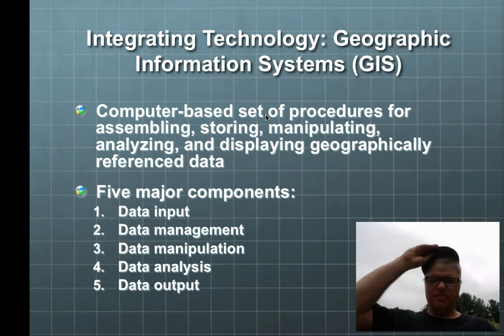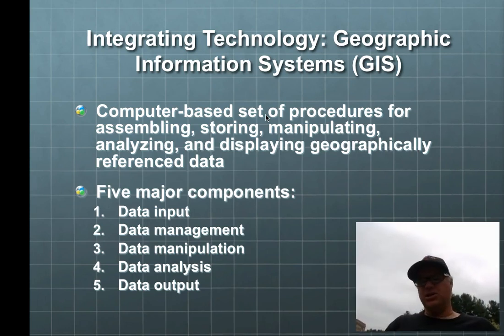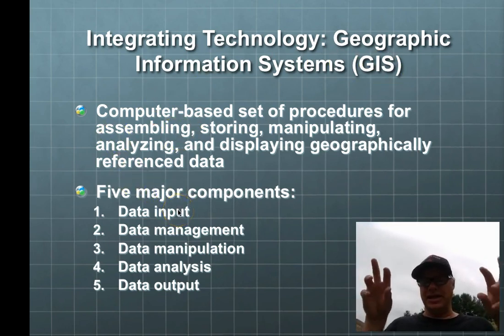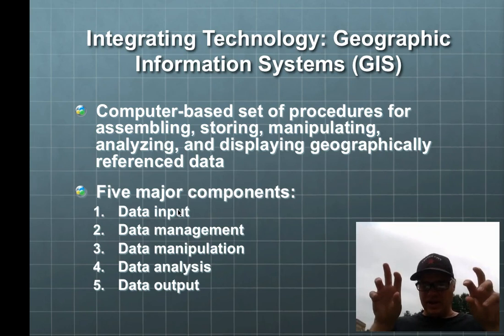All right, so the way in which geographic information systems came about is essentially it was about computerizing mapping, which used to be done all on paper. But there's essentially 5 major components to this. You have to be able to get data out there, and we have the information about where it's from, right?